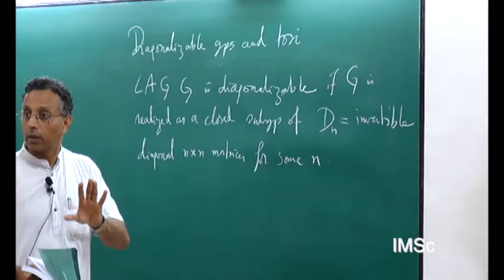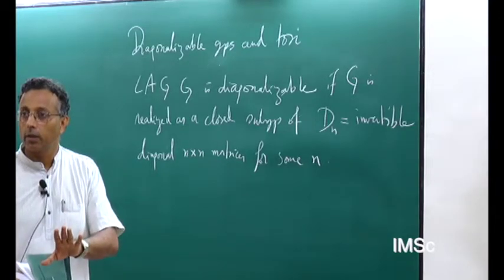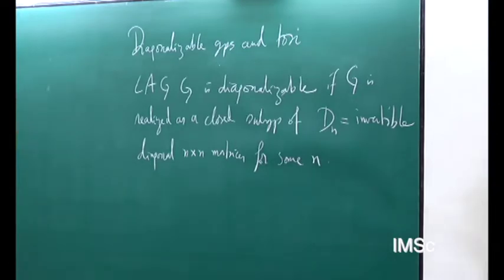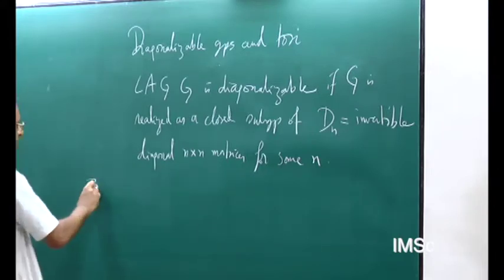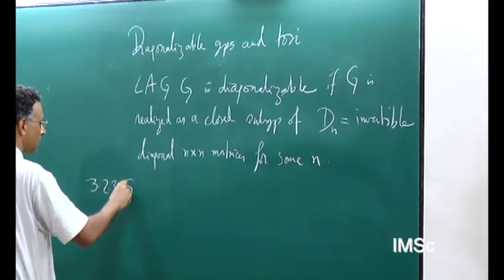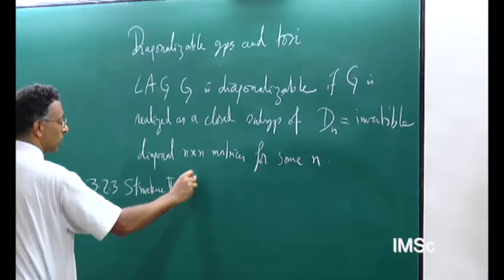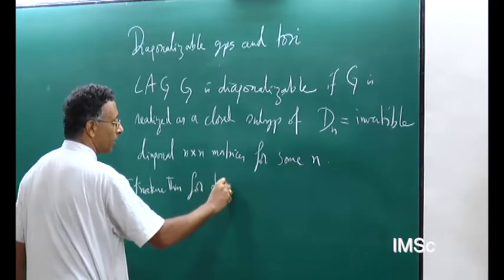Now we give the structure theorem for diagonalizable groups. So here is the structure theorem, 3.2.3. So let me do it here. 3.2.3, a structure theorem for diagonalizable groups.